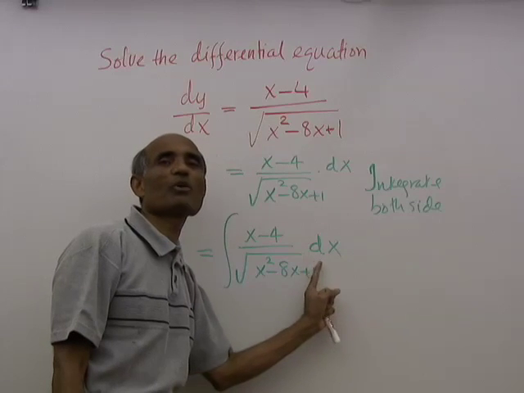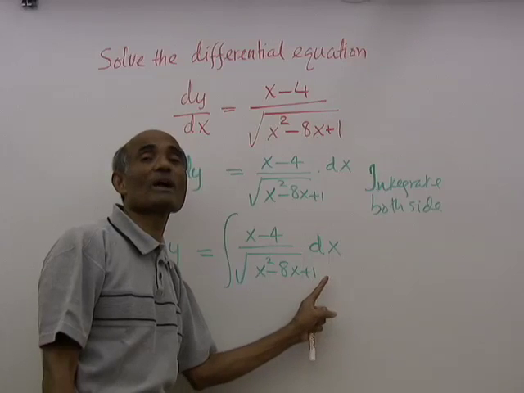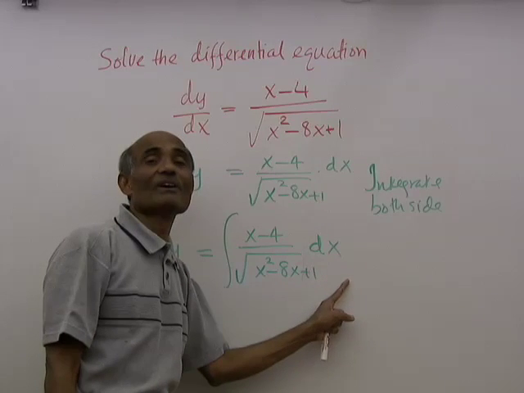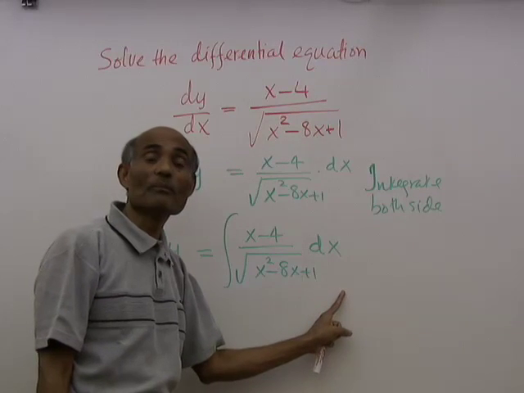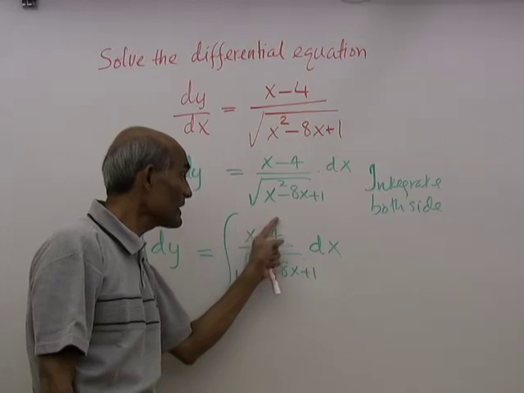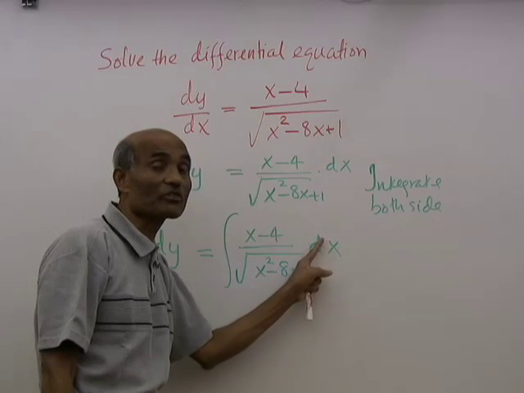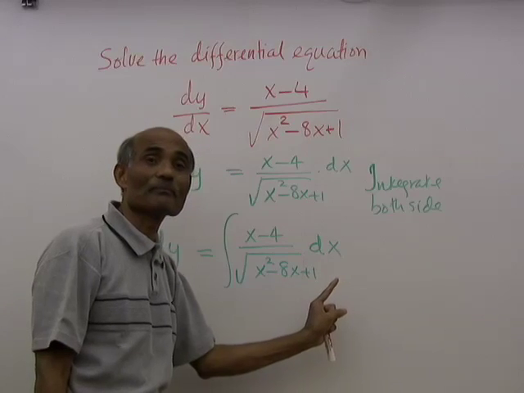So we will take the quantity inside, x squared minus 8x plus 1, equal to u. And then find the differential of each term and use that to see if you can replace (x minus 4) dx in terms of u, the substitution.